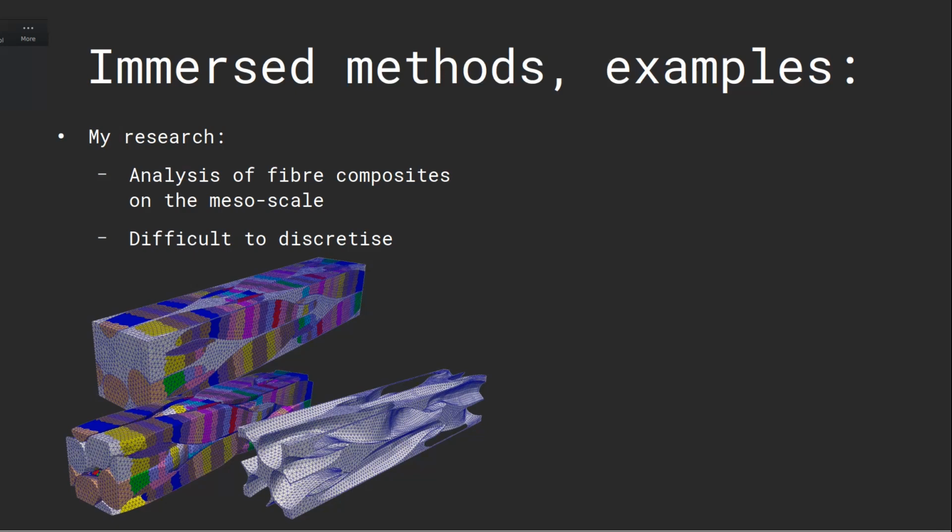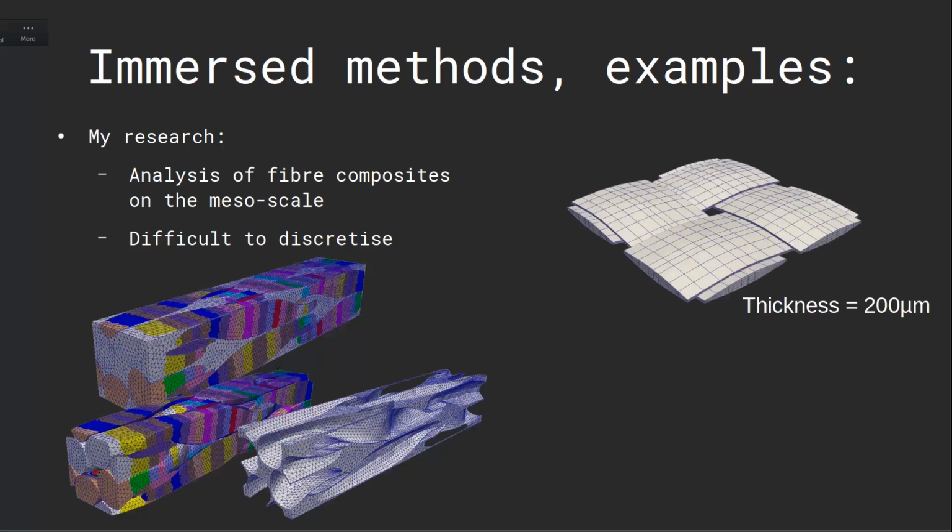So the idea in my project is to exchange this tet mesh for the matrix and to use an immersed approach instead. So we just immerse the bundles in a matrix mesh. And that would, of course, speed up the meshing procedure, and we don't have to do the manual part.